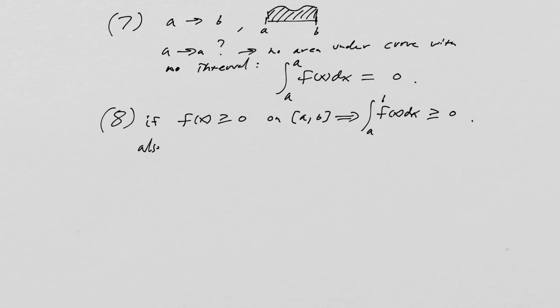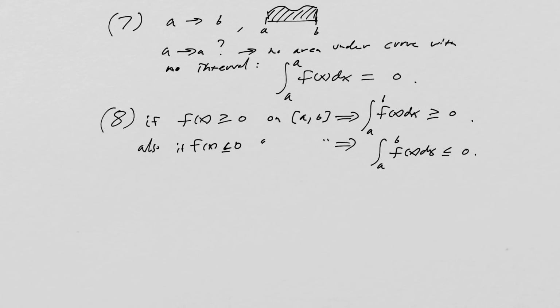Also, the converse is true. If f of x is less than or equal to 0 on a to b, then the integral from a to b of f of x dx is less than or equal to 0.